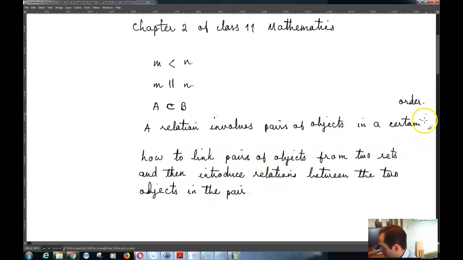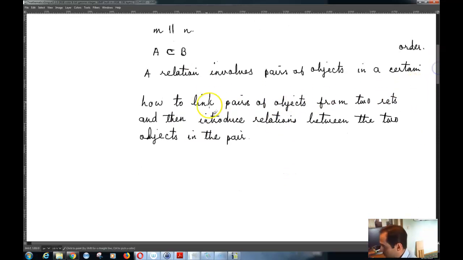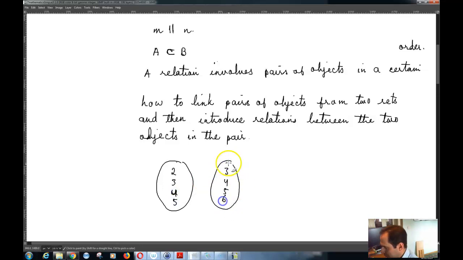So what that means, from this first part over here, is how to link pairs of objects from two sets and then introduce relations between those two objects. For example, suppose you have two sets: 2, 3, 4, 5, and 3, 4, 5, 6.